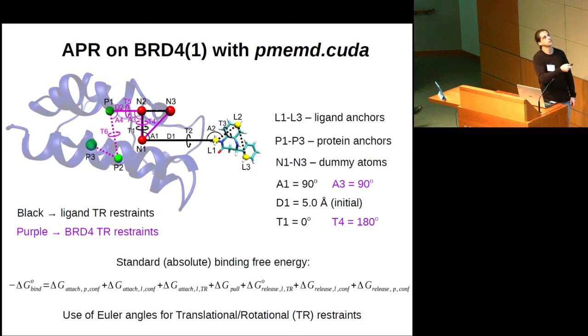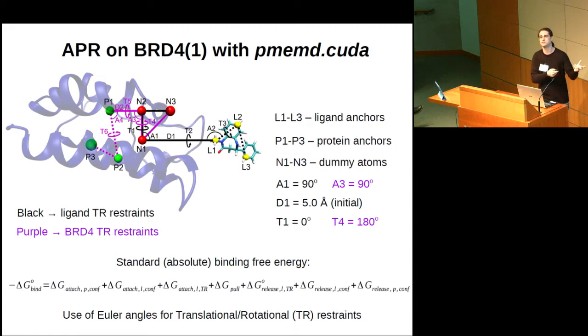So if you want your Euler angles and your position restraints to be self-consistent, you have to use single atoms for everything. These three are the protein anchor atoms, in which we restrain the protein in the same way using 2 angles, 3 dihedrals, and 1 distance. And these are the 3 ligand anchors that we restrain relative to the dummy atoms.